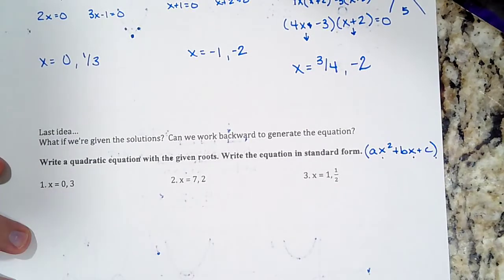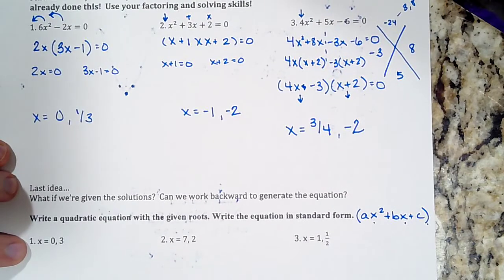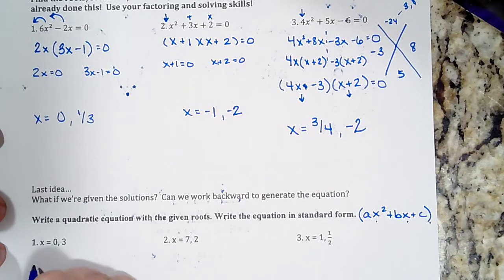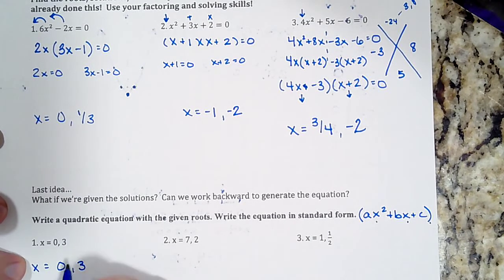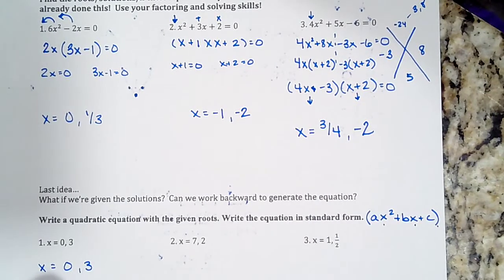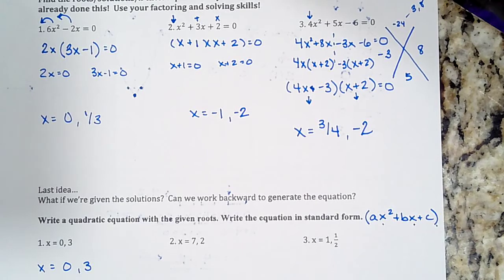So normally when we have this, let's use what's up above in order to work backwards. Usually I have an answer at the end of the problem. Right before that, I know that I had to set each side equal to 0. So I had x equals 0 and I had x equals 3.